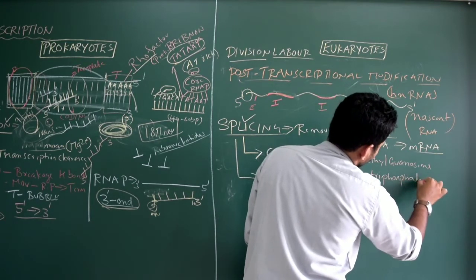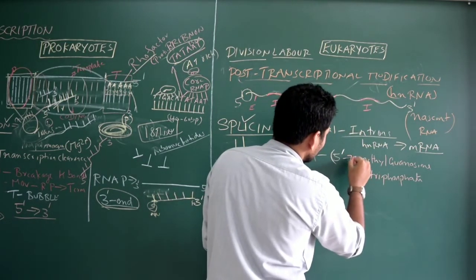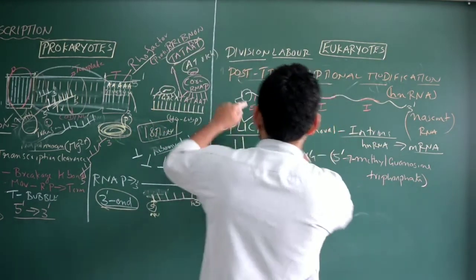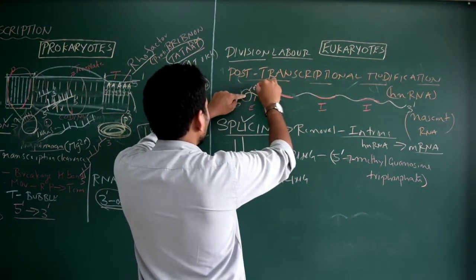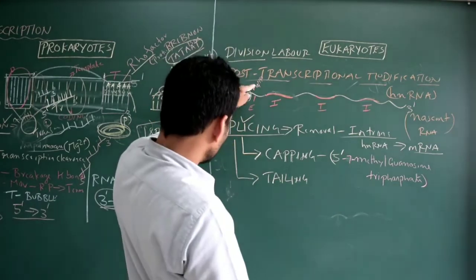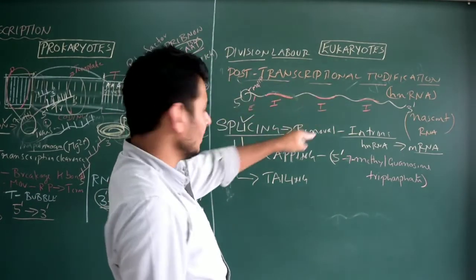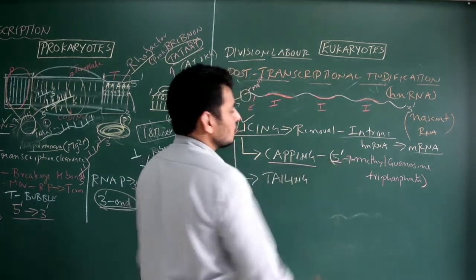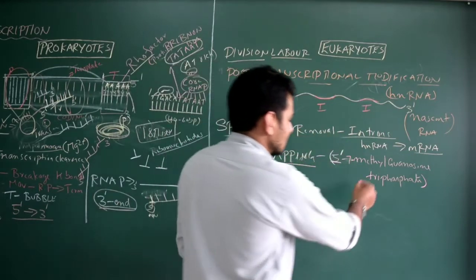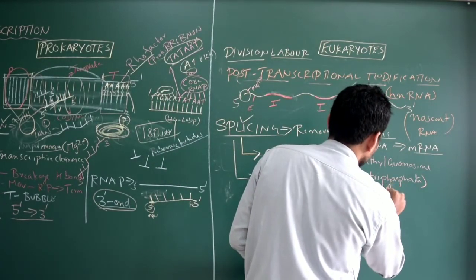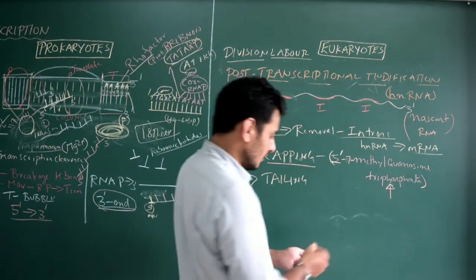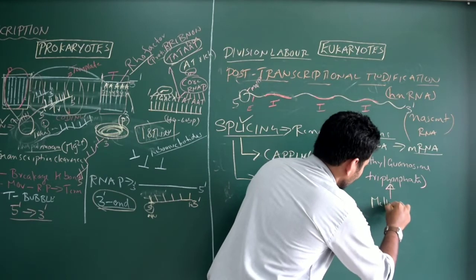Oh, sorry, I forgot to mention: it is 7-methyl guanosine triphosphate which is added to the 5 prime end of the hnRNA. The process is called capping. Capping is always towards the 5 prime end of the hnRNA. Got it? Who adds this? There is one enzyme required for adding 7-methyl guanosine triphosphate. That is methyl.